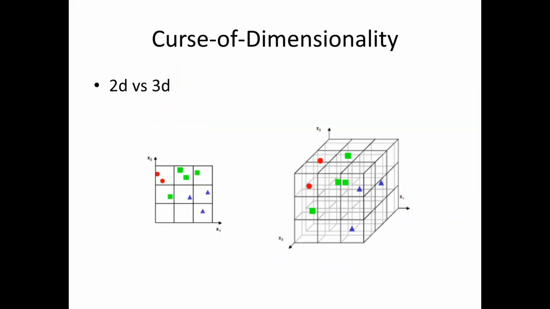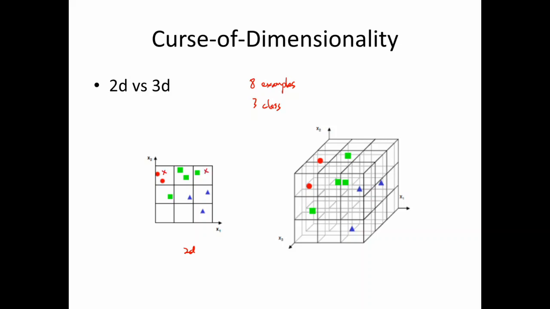Perhaps this visualization will make it clear. So we have a case with 8 examples, 3 classes. In the 2D case, where we have 2 attributes or features, the 8 examples more or less fill up the space. If you have a new instance here, it will be labeled as circle.